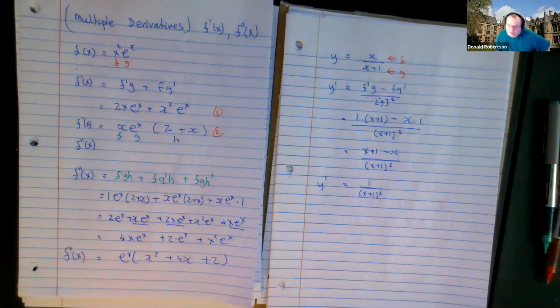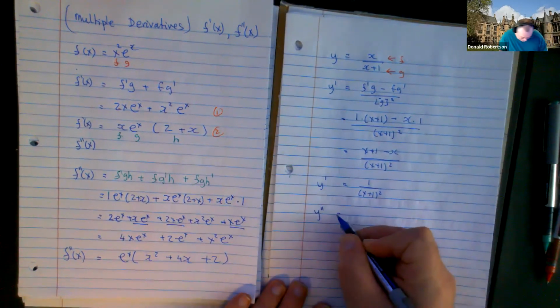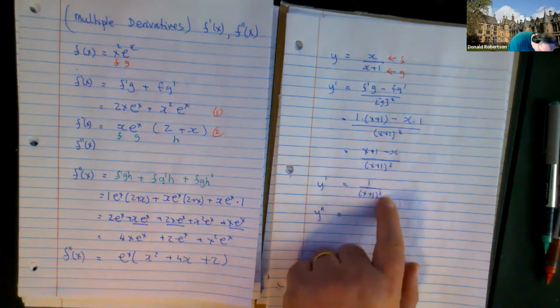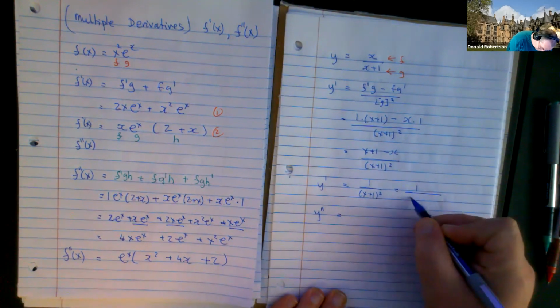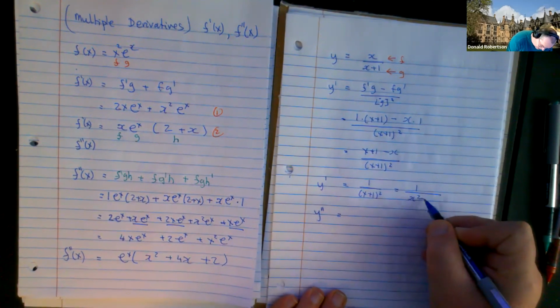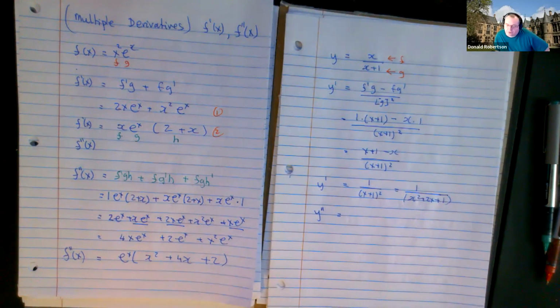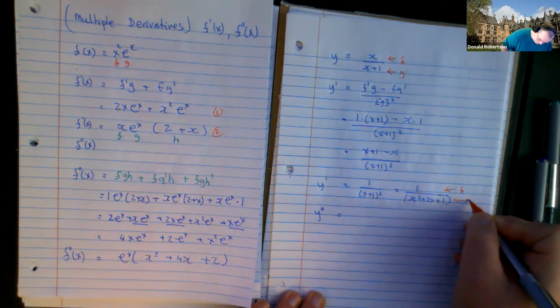Agreed? Now, second derivative. Style points, you would leave things like that. But if I want to differentiate this, which I do, I'm going to have to rewrite it like that, right? I'm going to have to turn that x plus 1 squared into what it would equal when you FOIL it. So the top is going to be called f, the bottom is going to be called g.